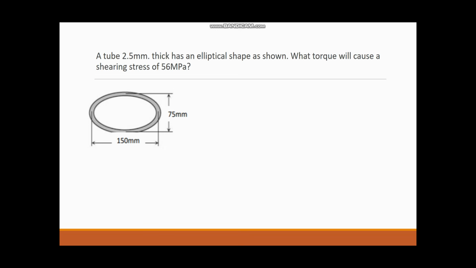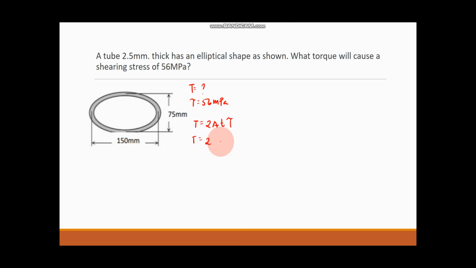A tube 2.5 mm thick has an elliptical shape as shown. What torque will cause a shearing stress of 56 megapascal? We will be looking for the torque, in which the shearing stress is equal to 56 megapascal. Our formula is 2 multiplied by the area multiplied by the thickness and then the shearing stress.